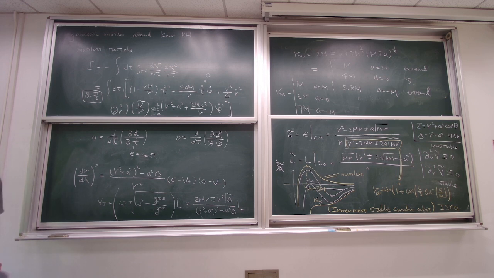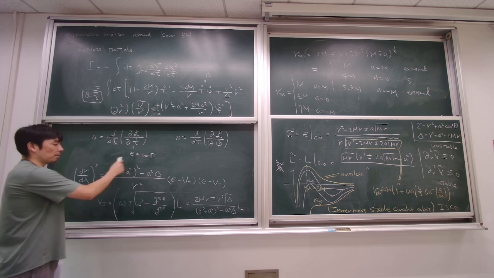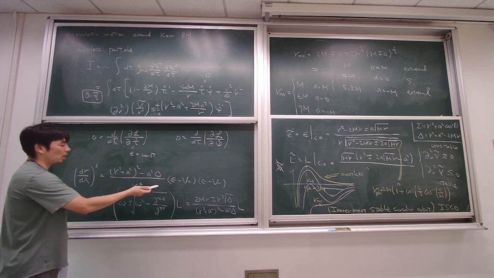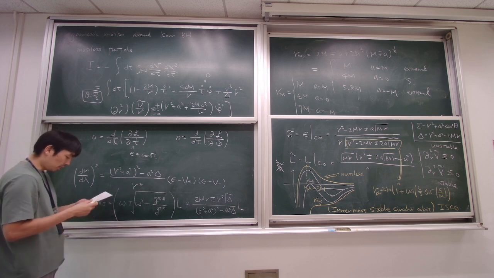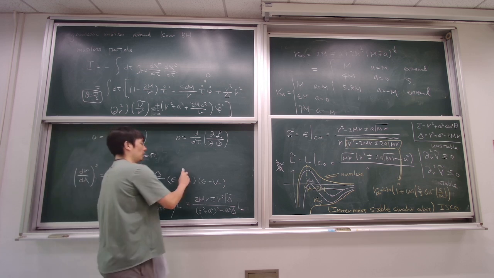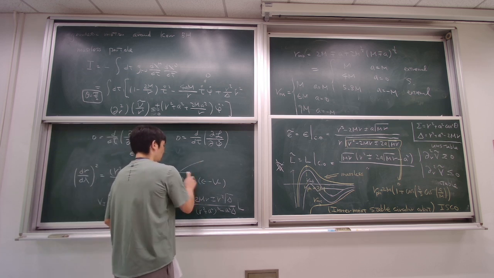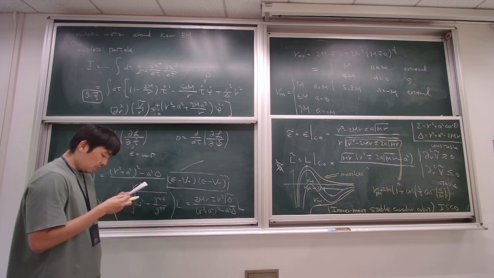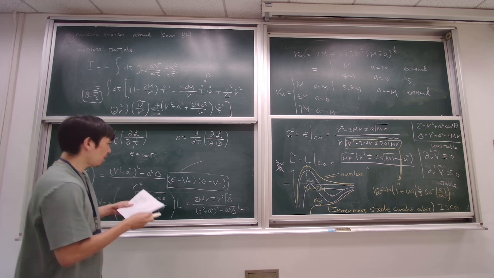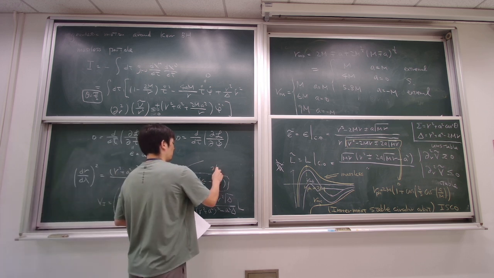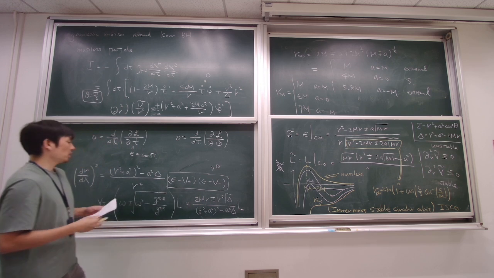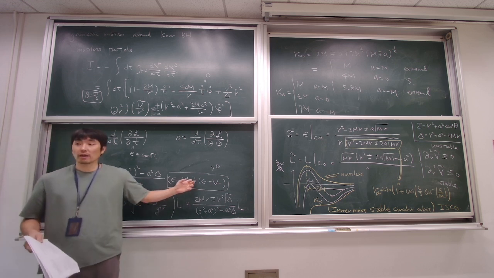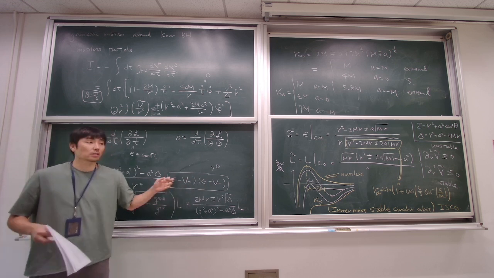So this is a positive quantity outside of the horizon. Since the left hand side is positive, this part has to be positive.